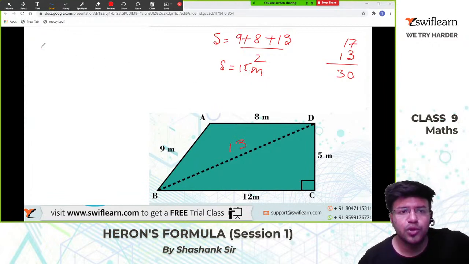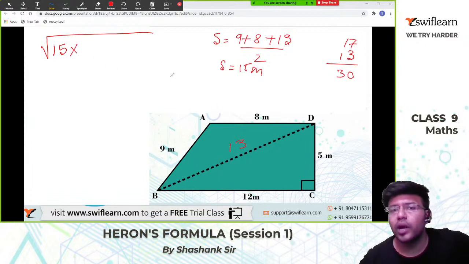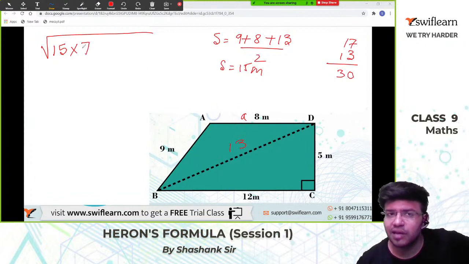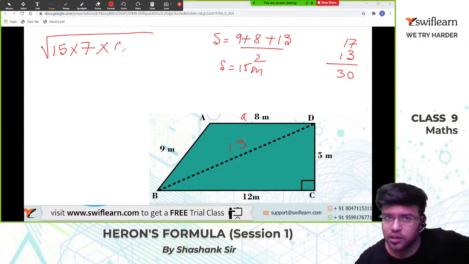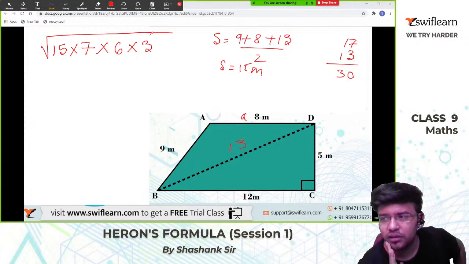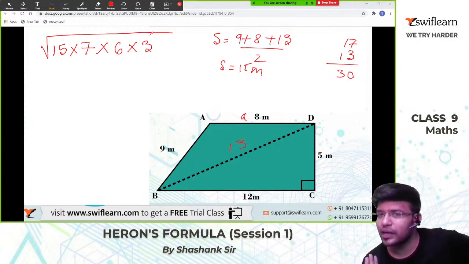Now, square root of S into S minus A. 15 minus 8 is 7, right? And into 15 minus 9 is 6, and 15 minus 12 is 3. Any mistake so far? Nahi na? We have solved it correctly.